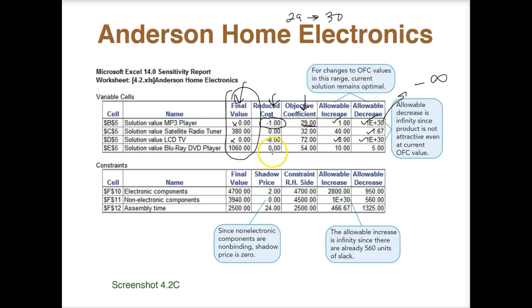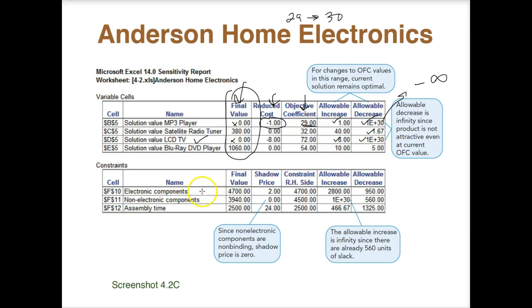So again, we would have to get our profits up to at least $80 per LCD TV in order for it to make sense for us to do that. But of course, if we decrease, we're saying that, hey, to keep these same solutions here, your profit could be as low as it wants. But, you know, if you actually want to start making this device, then you're going to have to go up to at least $8 here, okay?